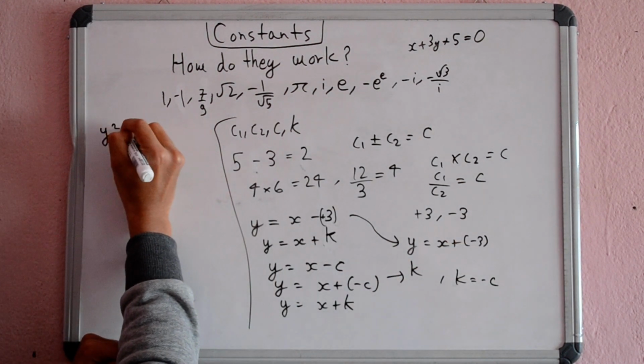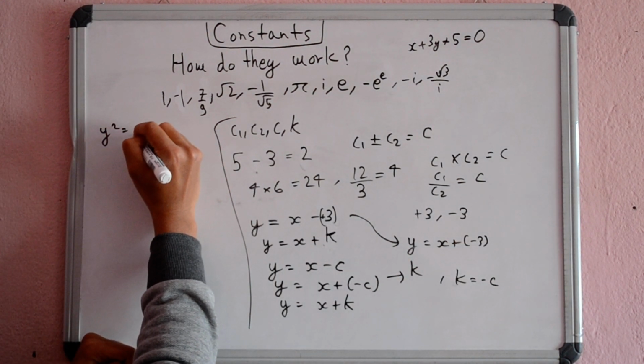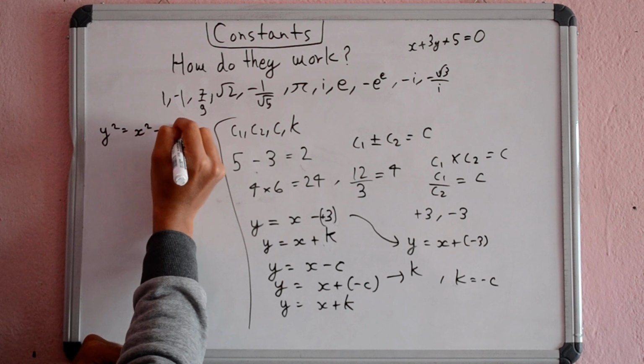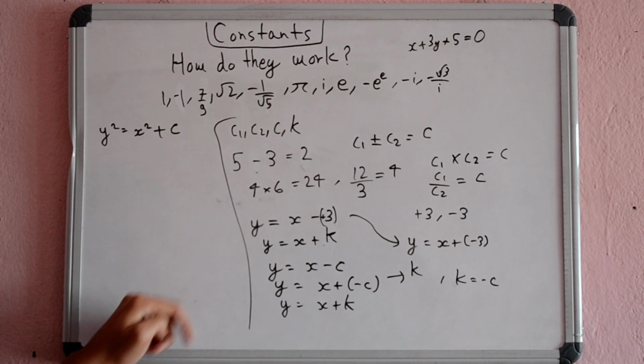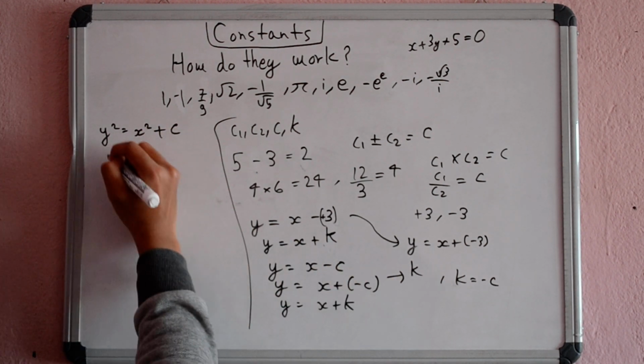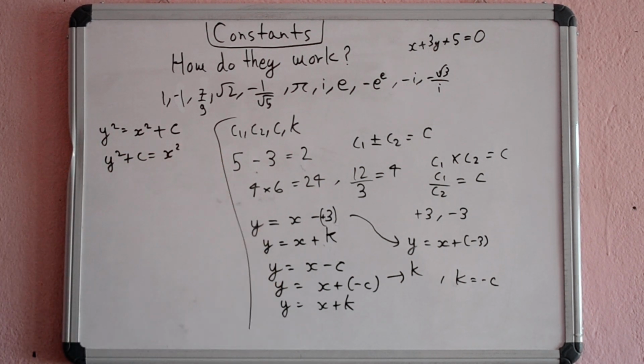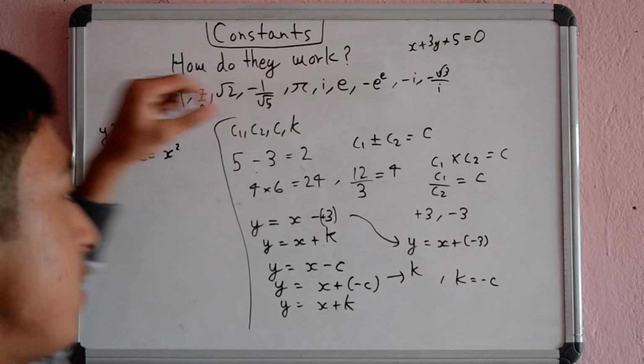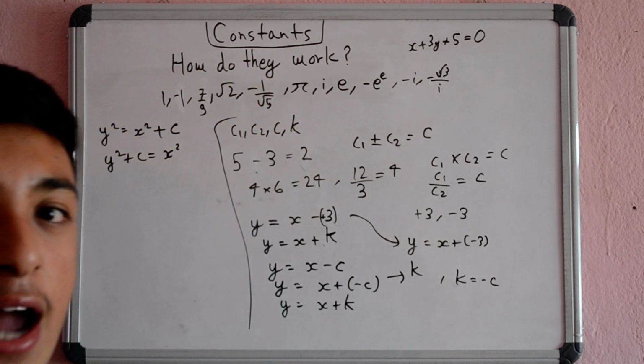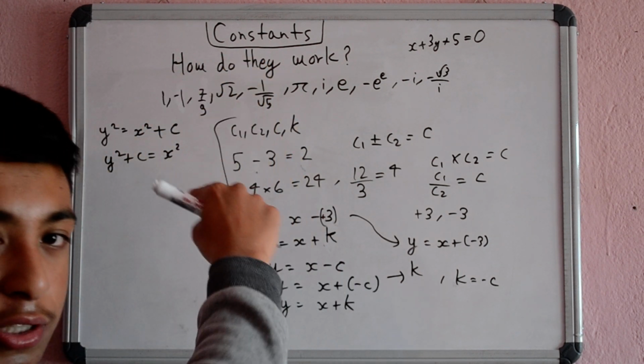Let's say we have y square equals x square minus or plus c. So what I can do is write y square plus c equals x square. Now this might be a bit confusing, because this is how I like to do it when solving differential equations.